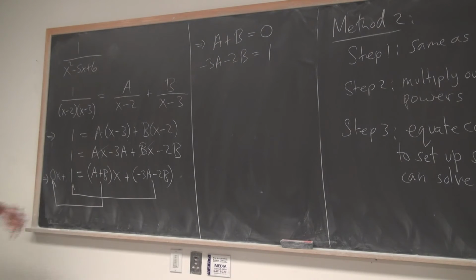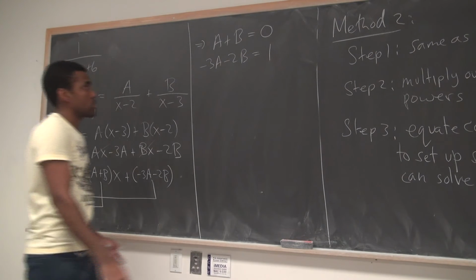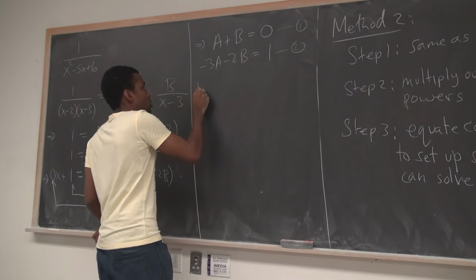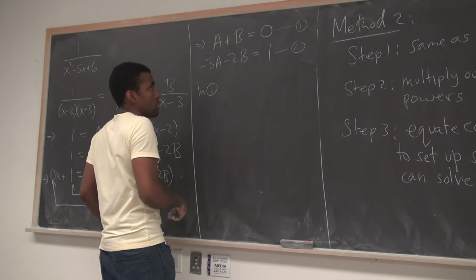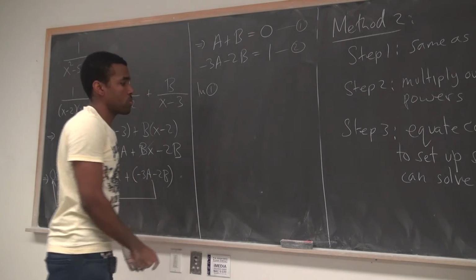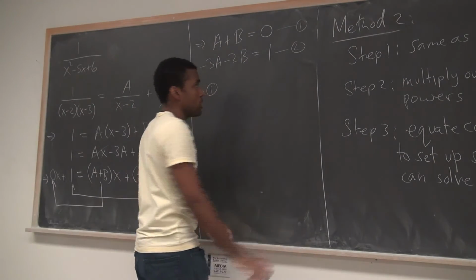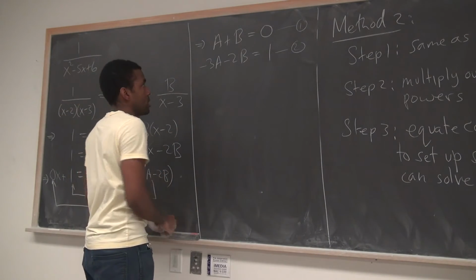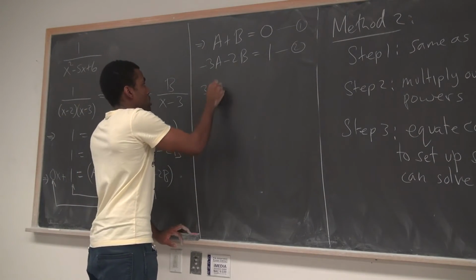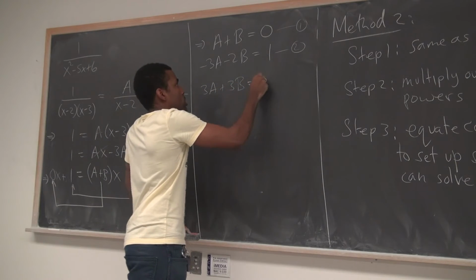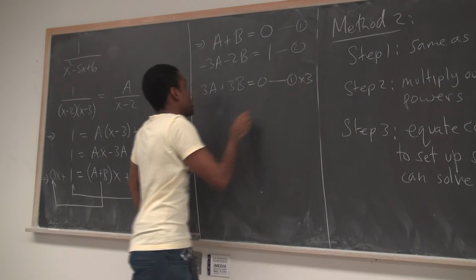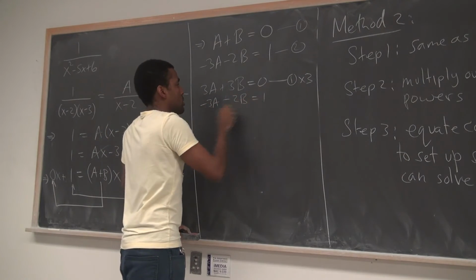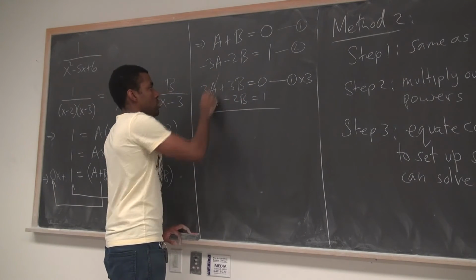So now I have a set of simultaneous equations. I can solve that, right? So this is equation 1, this is equation 2. Notice in 1, there are a bunch of ways you can go from here. You can do the substitution method, you can do the elimination method. I don't know. It really doesn't matter. I can do 3A plus 3B equals 0. This is just 1 times 3. Then I can add these two. A's would die.